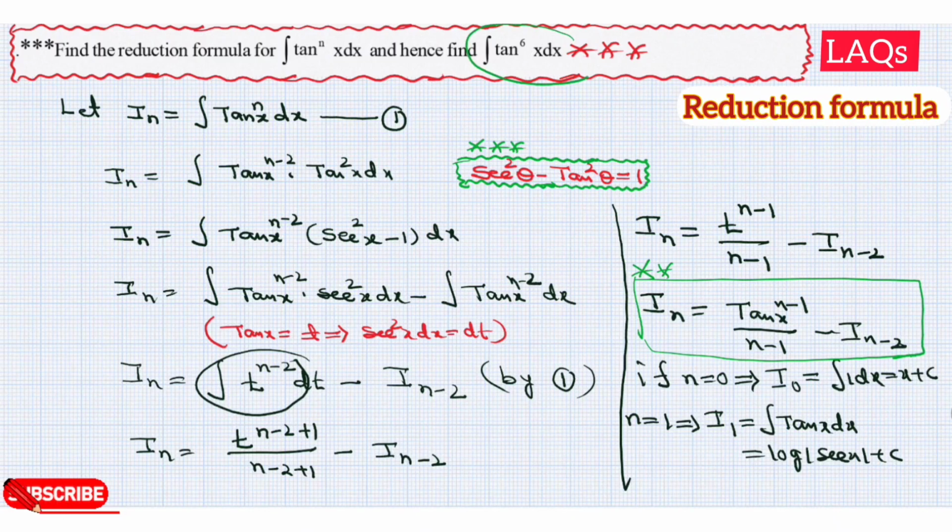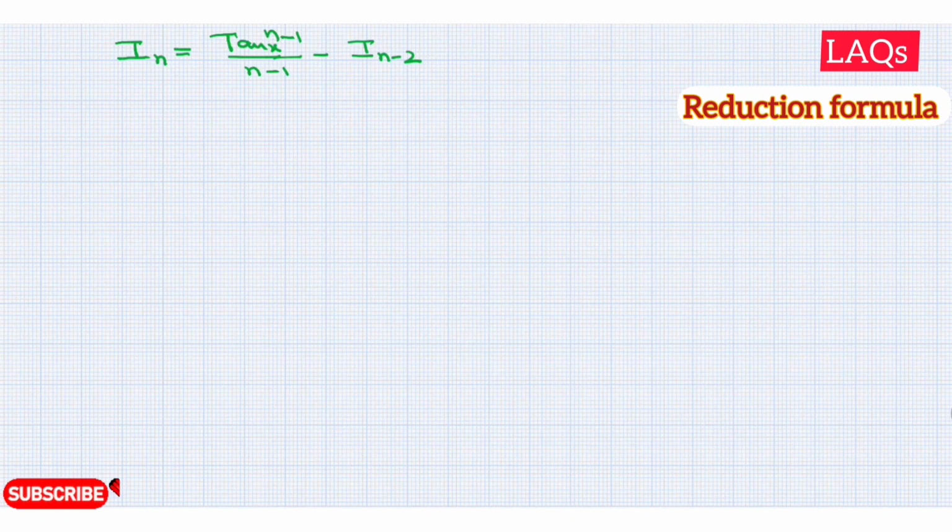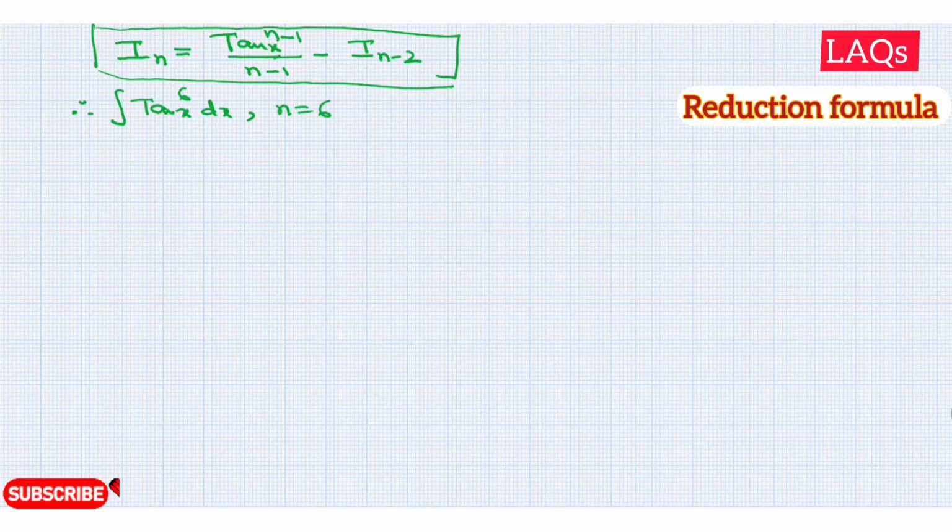Here, find integration tan x power 6 dx. Now find the value of integration tan x power 6 x dx. Consider integration tan x power 6x dx. Here n equals 6. Substitute n equal to 6 in the above reduction formula: In equals tan x power n minus 1 by n minus 1 minus I(n minus 2).